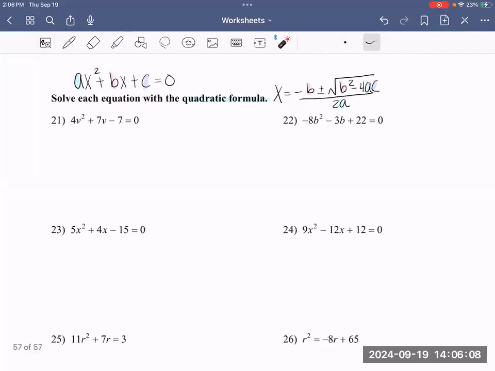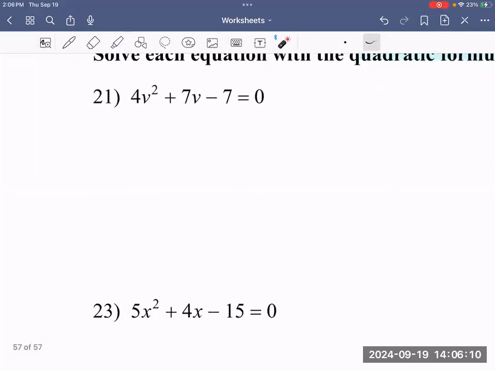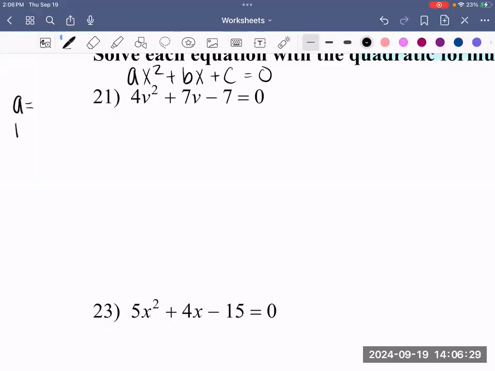So let's take a look at number 21. First thing we want to do is make sure that we're in descending order. And for the time being, I might just write our quadratic formula up here to help us follow suit. You can also write out your ABCs to help you keep it in line if you want to.